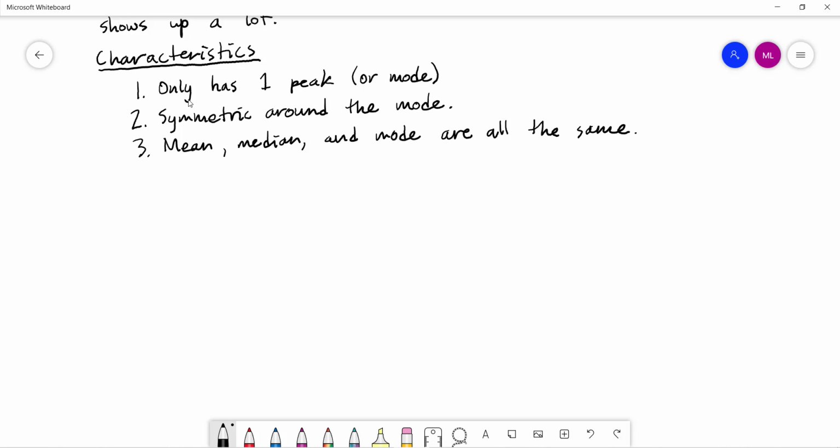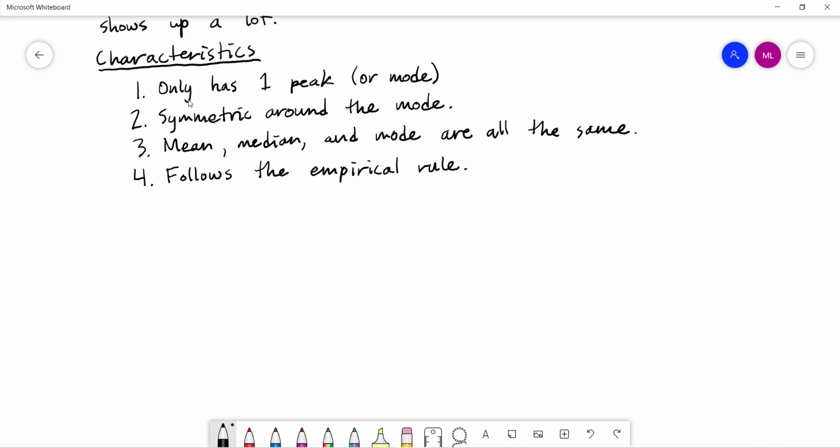The last point is probably the most important one, and it's that it follows something called the empirical rule. It needs to follow the empirical rule.